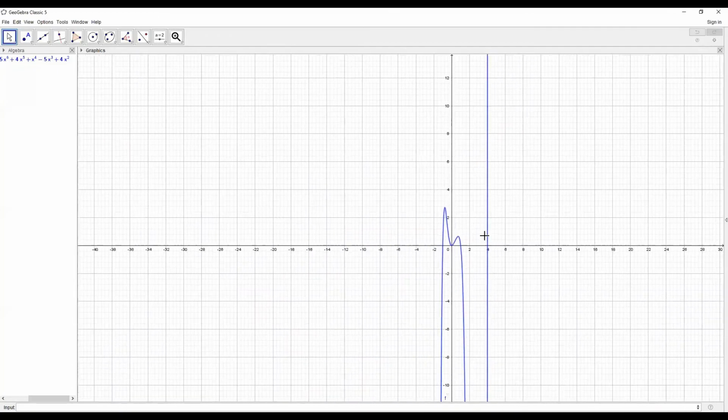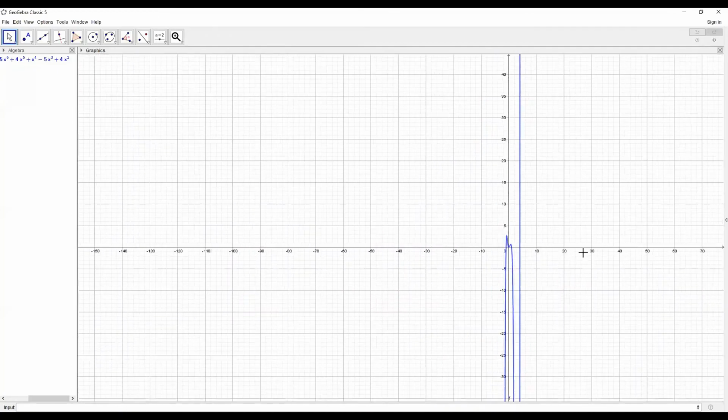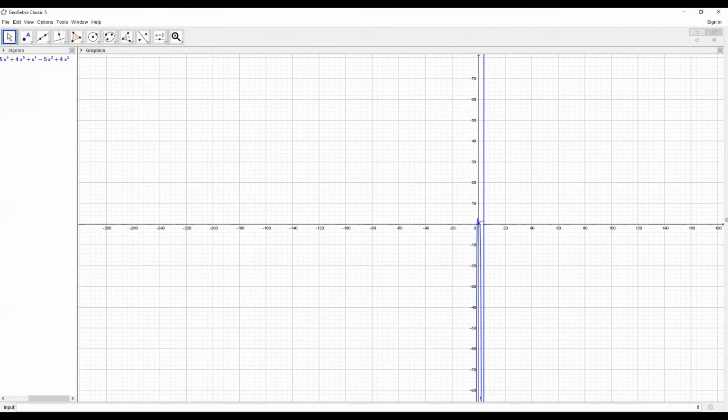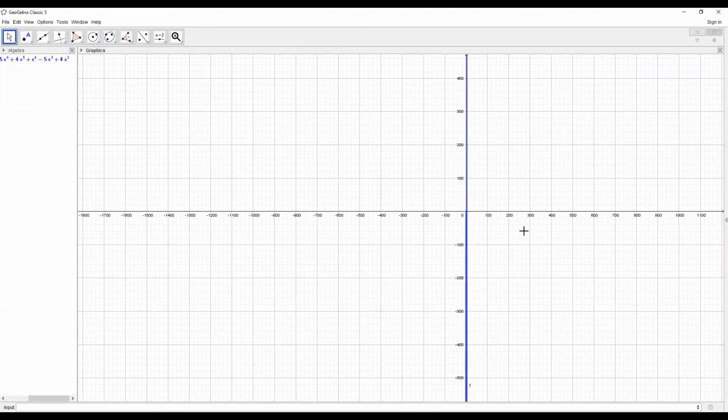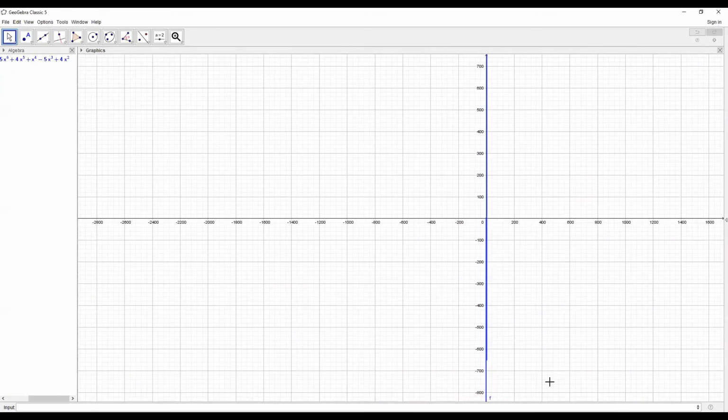So if you zoom back, zoom back, zoom back, even with all this wonderful technology, still can't find it. Oh, looks like it might be right around there someplace. Somewhere in the general vicinity of y is negative 650. And x is probably not much more than 10, 15.